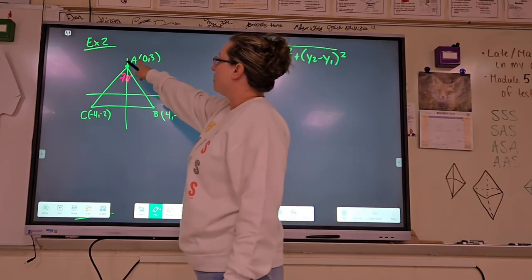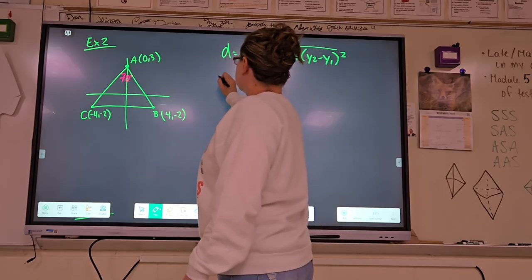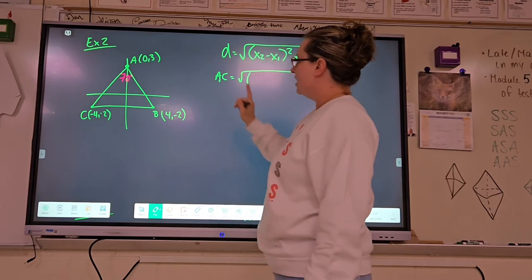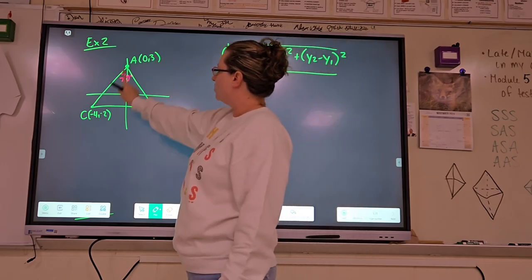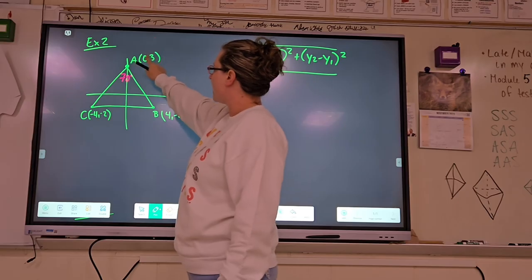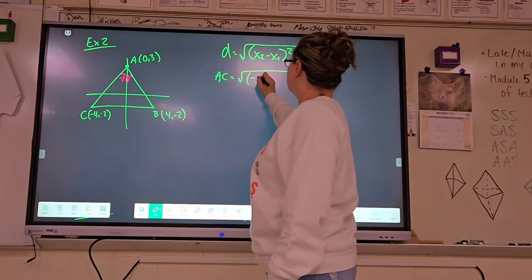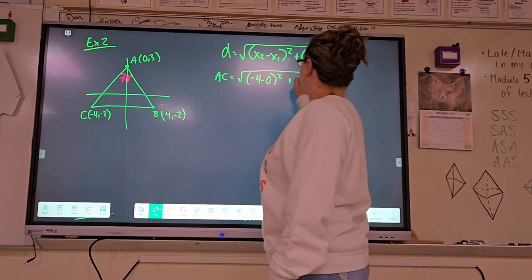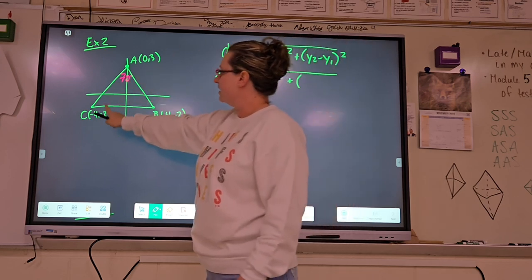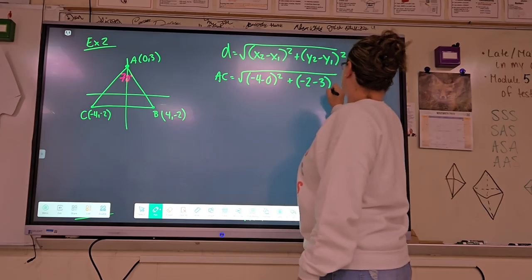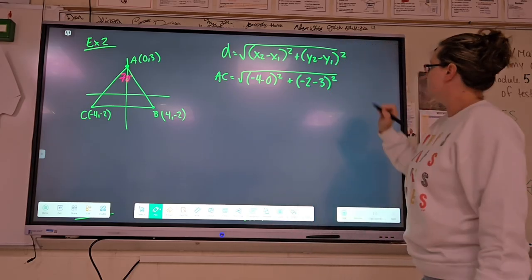But first thing, I'm going to find the distance from A to C. So I'm going to have my x1, y1, x2, y2, and I'm going to have -4 minus 0, and then -2 minus 3, squared.